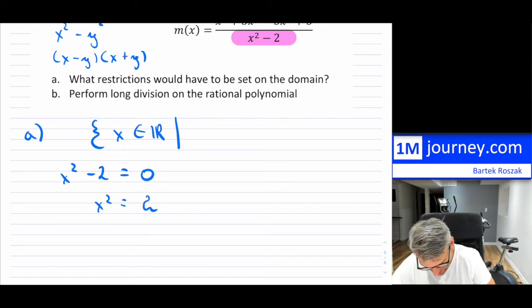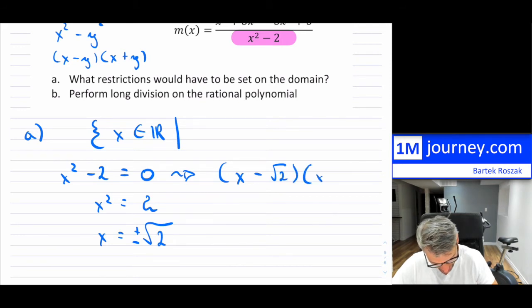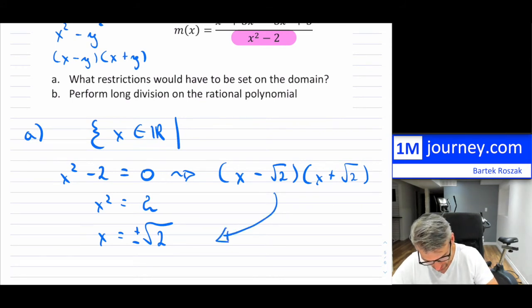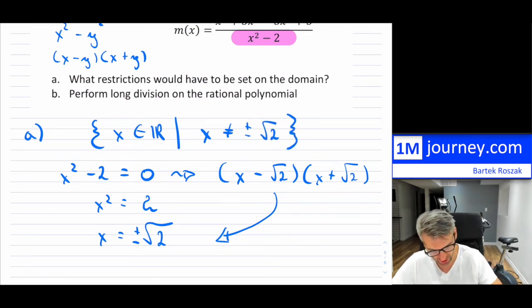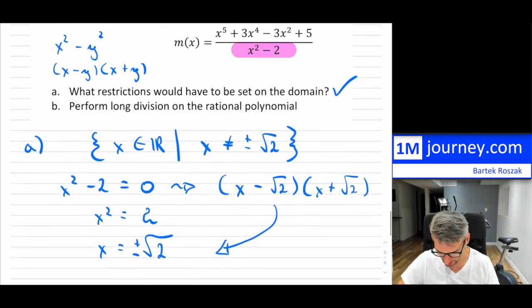That's simpler to do like this, plus or minus. Or you can use the difference of squares, which is going to be x minus that and x plus that. Both give you the same result. So that means x cannot be equal to plus or minus square root of 2. Those are the restrictions on the domain, because you're going to run into some undefined or indeterminate results there.